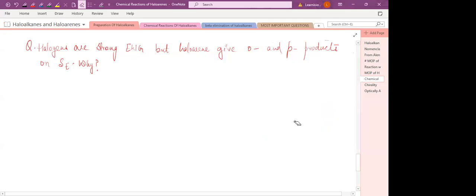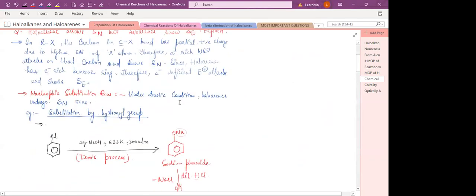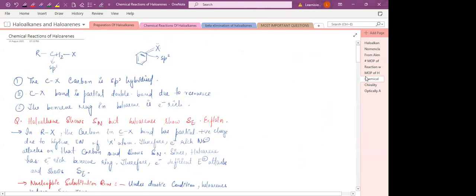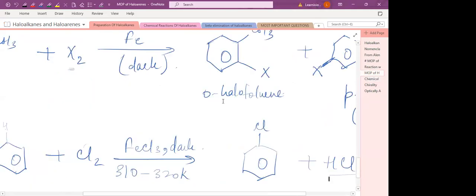So the electron density basically increases at ortho and para position. Right? I think we have discussed this. Just a second. Let me check.